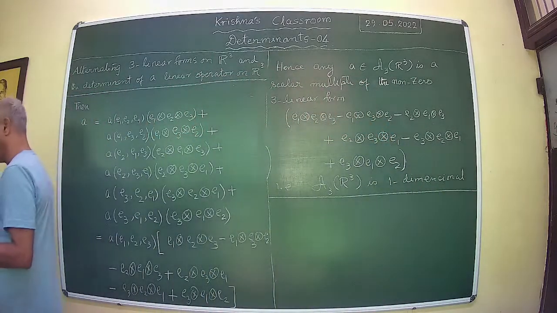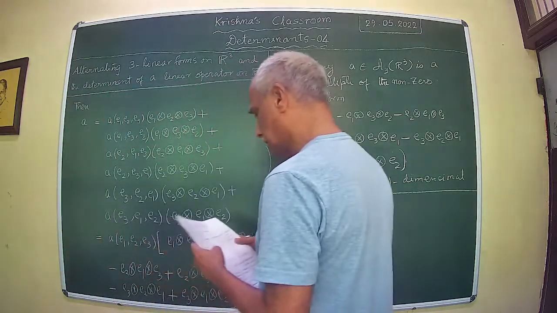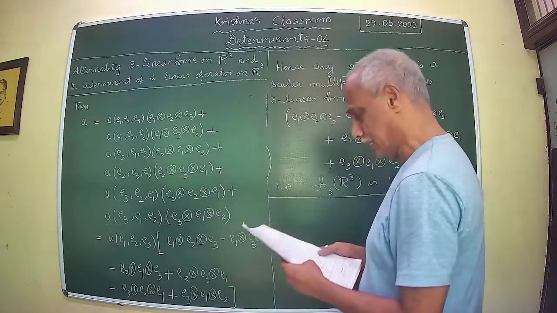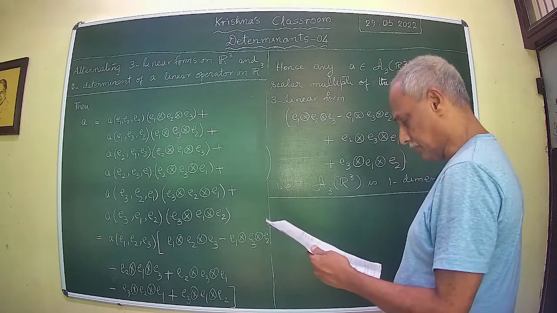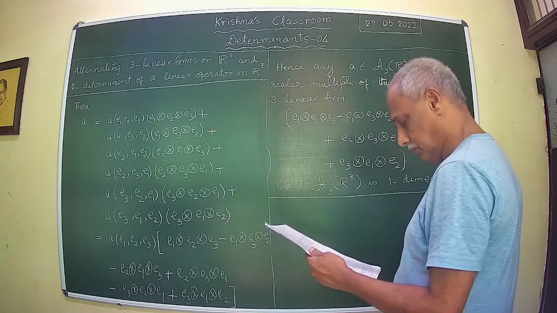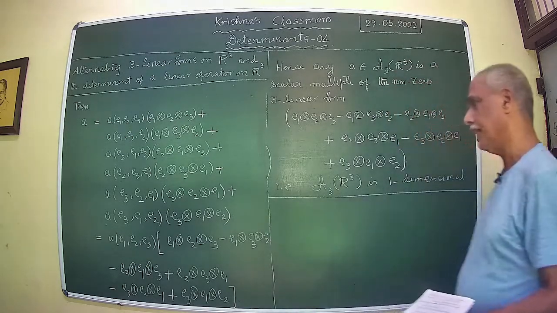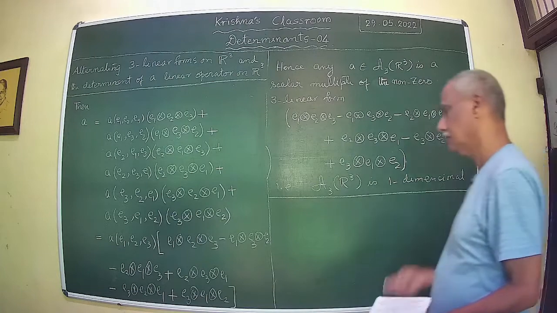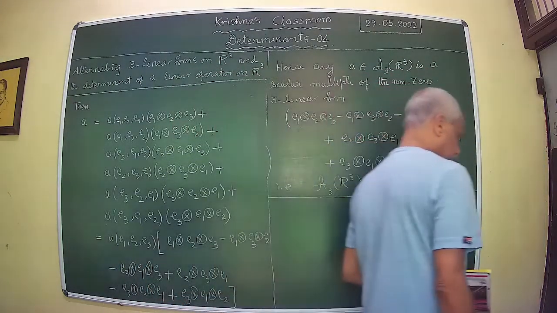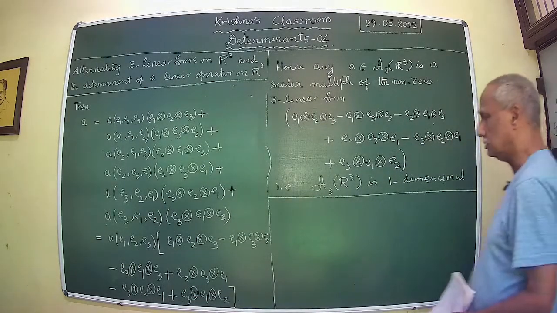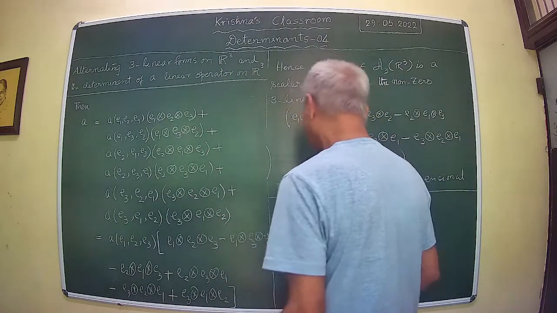Okay, now we want to explore, so what exactly is this? This is what we want. So we want to make use of this to understand the structural concept of the determinant of a linear operator on R3.